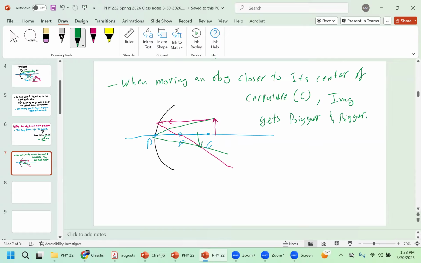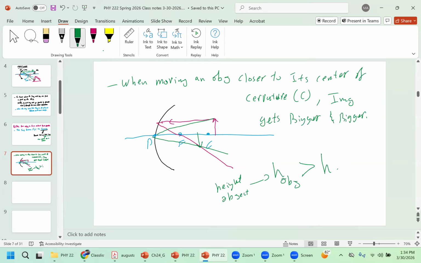So basically, your height of the object is going to be still bigger than the image. Sorry, the height of the image.